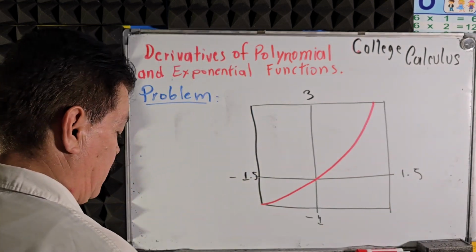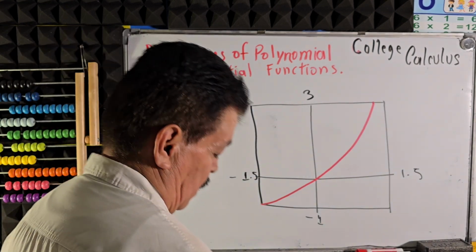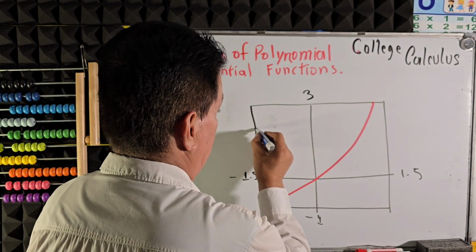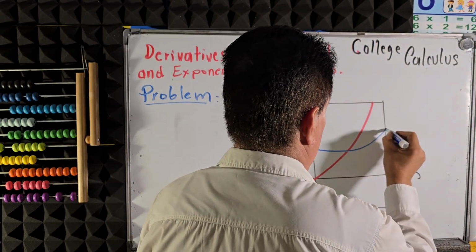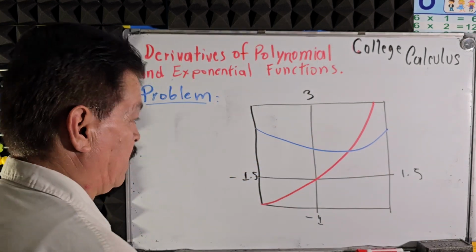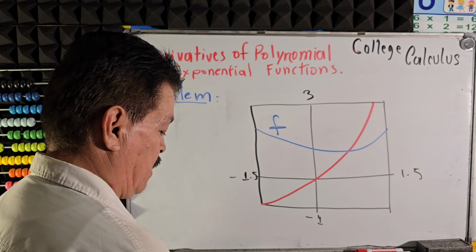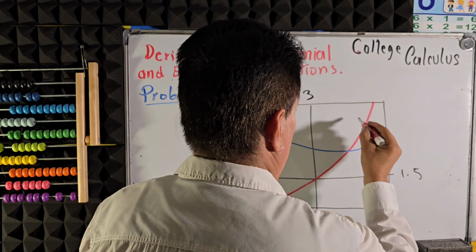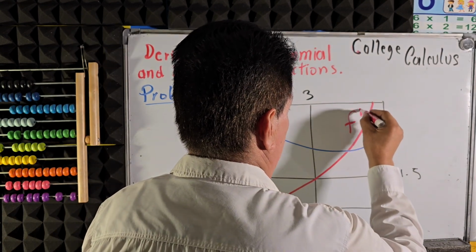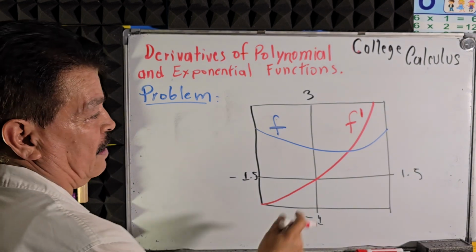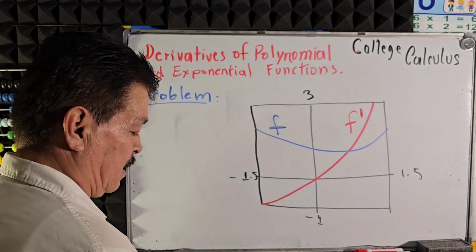So like that. This is one graph, and the other graph is running like this. This is f, and then the red one is f prime, the first derivative. So the graph looks like that.